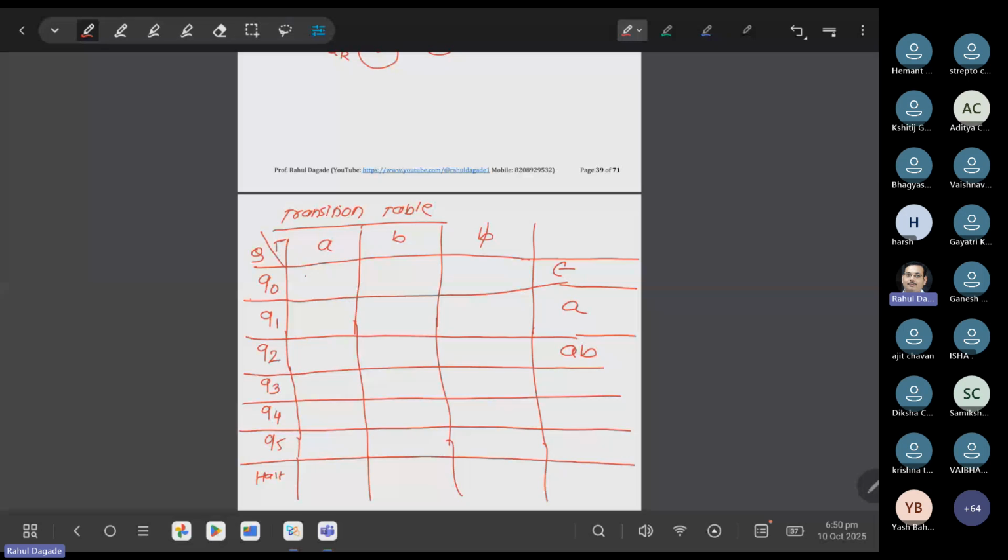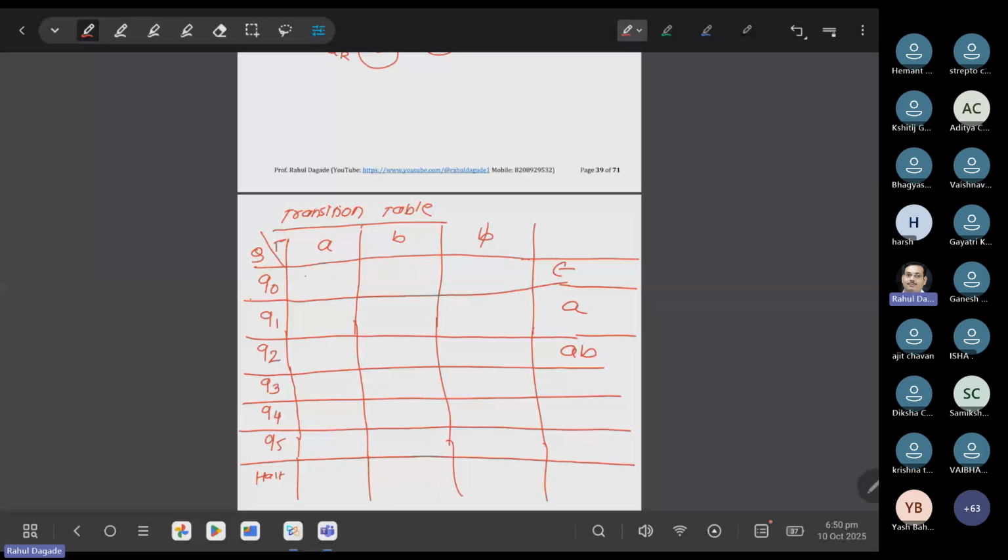So I should come in a state in which I got A, because I need again BB to get ABB. So I have now A. So which state indicates I got A? It is the Q1 state. So when I come to Q1 state from Q2 for A, A goes to right.